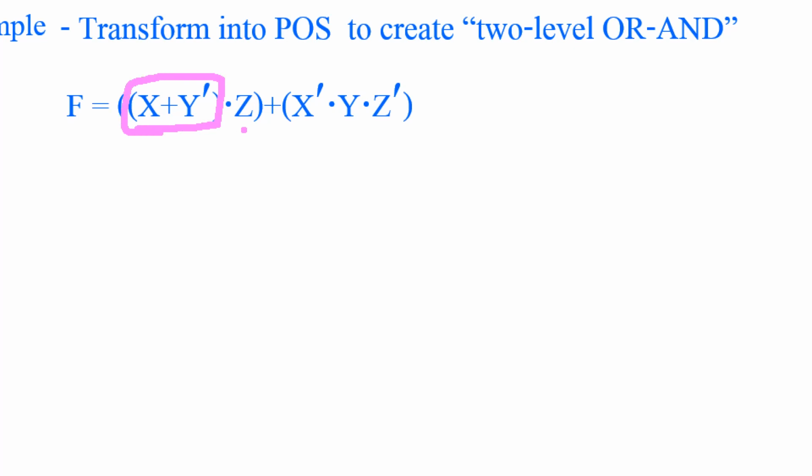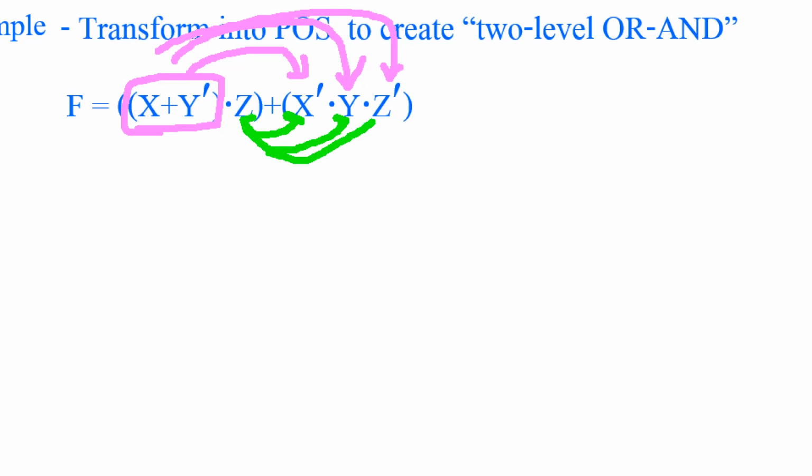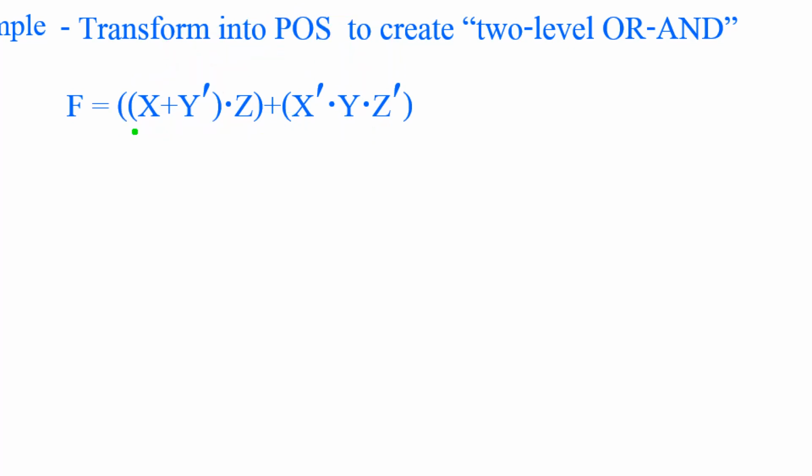After that, I do add out: this term OR this term, and OR this term. After that, this term z, to this term or this term, that becomes x plus y prime or x prime, right?